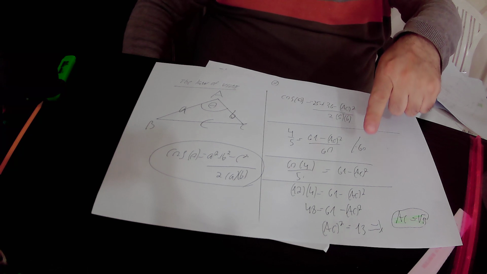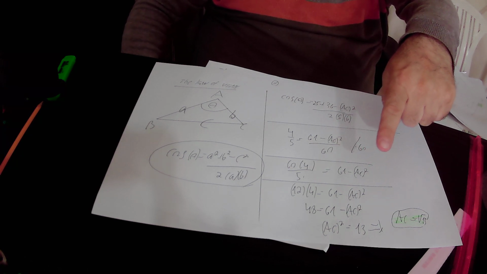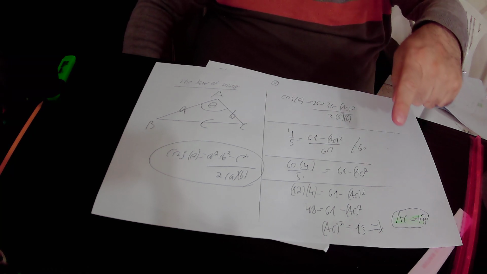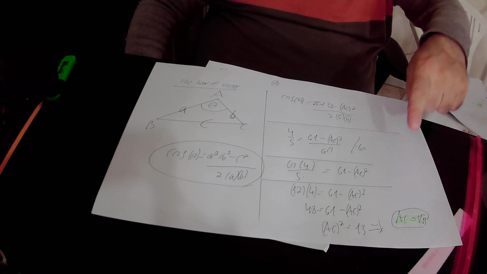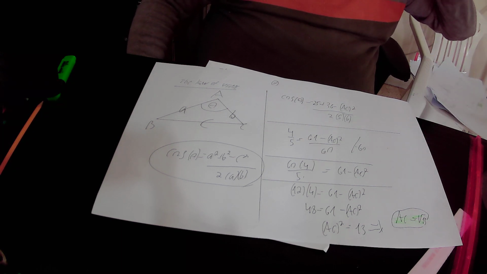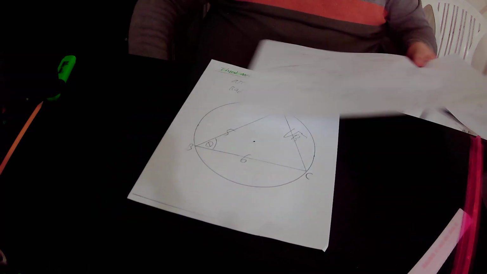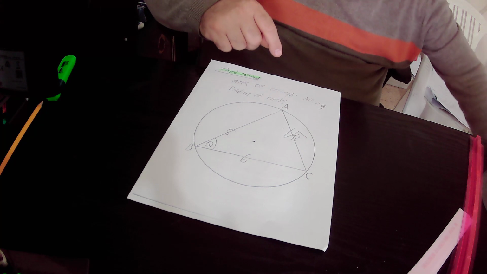Here we added AC squared to both sides and subtracted 48, and we found out that AC squared equals 61 minus 48, which is 13. So AC squared equals 13. We took the square root of this equation and found out that AC equals the square root of 13 units.